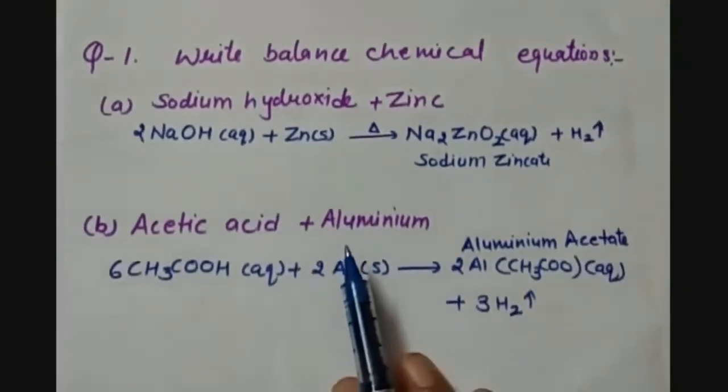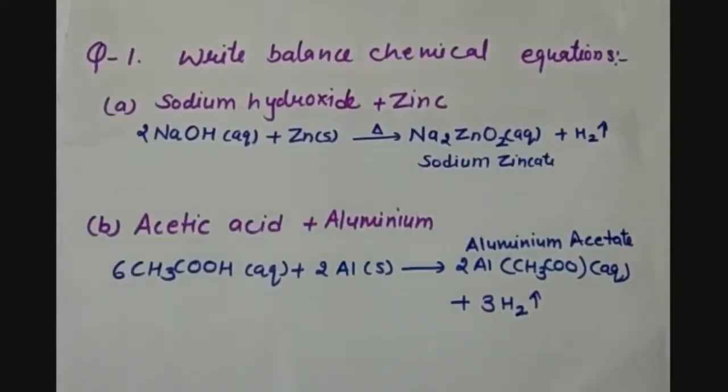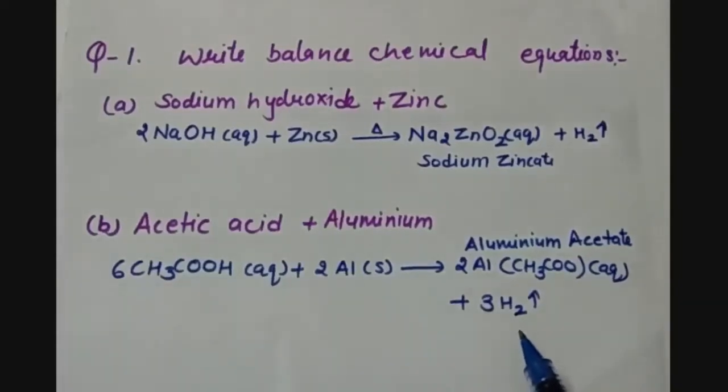The second equation is, when acetic acid reacts with aluminium. Aluminium is a metal, and when a metal reacts with an acid, formation of a salt happens and hydrogen gas is evolved. Acetic acid is a weak acid, and when it reacts with aluminium, it forms aluminium acetate and hydrogen gas is evolved from it.